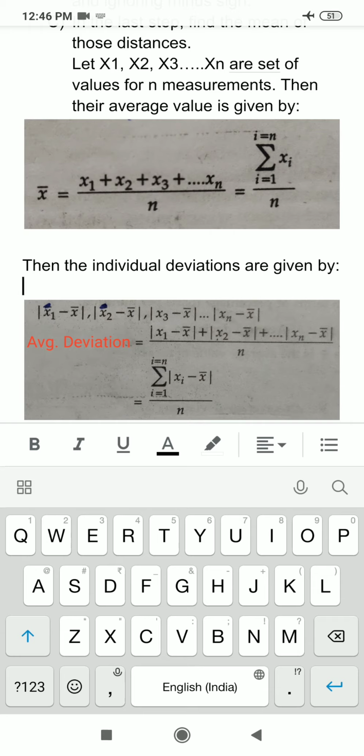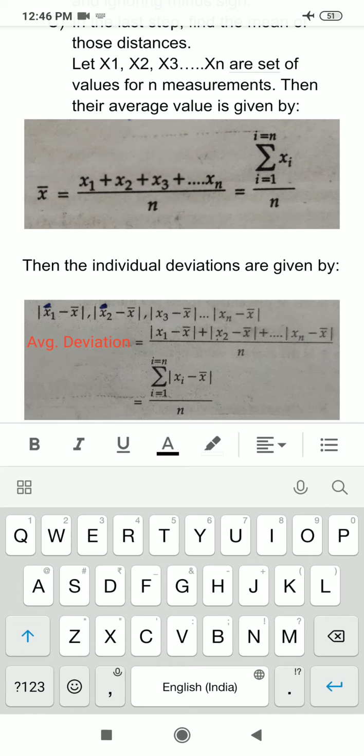So now if I want to write average deviation, I have determined individual deviations for individual values x1, x2, x3, so on up to xn. Now what I have to do? I have to divide these individual deviations by the total number of measurements. So average deviation will be equal to the sum of individual deviations divided by their number, or I can say number of values.